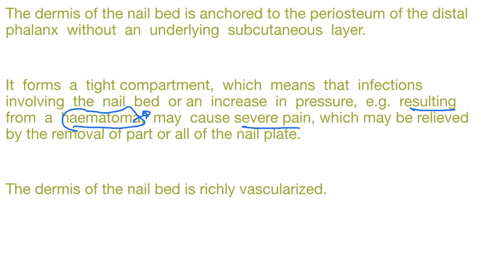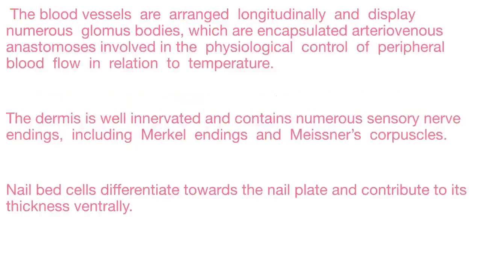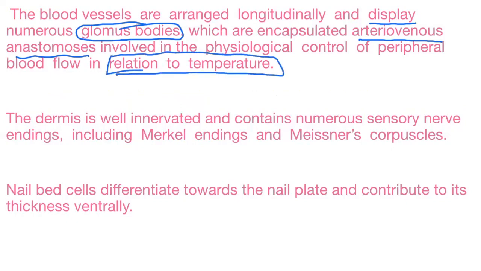The dermis of the nail bed is richly vascularized. The blood vessels are arranged longitudinally and display numerous glomus bodies, which are encapsulated arteriovenous anastomoses involved in the physiological control of peripheral blood flow in relation to temperature. Okay, you will learn this in thermoregulation.